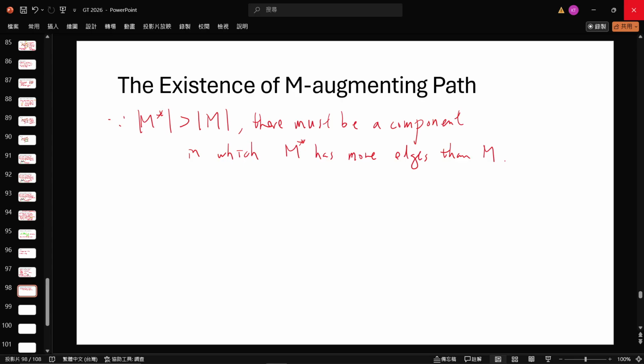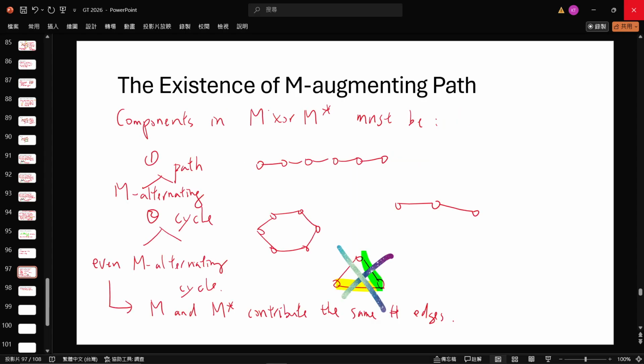So we consider the exclusive-or of M and M star, and we know that there are only two possible components, path or cycle. And we further established the property that if it's a cycle, then M and M star have the same number of edges.